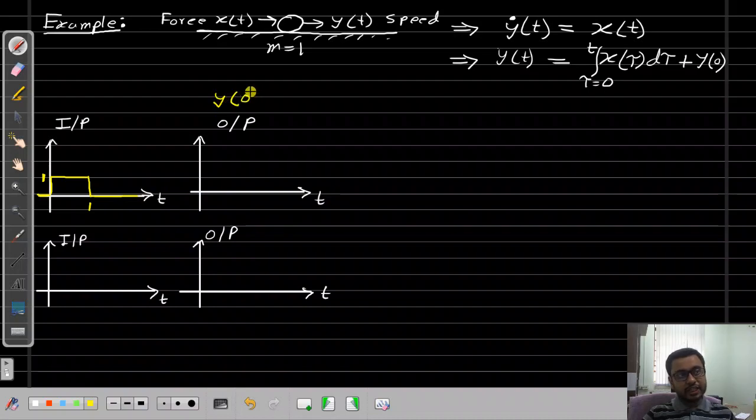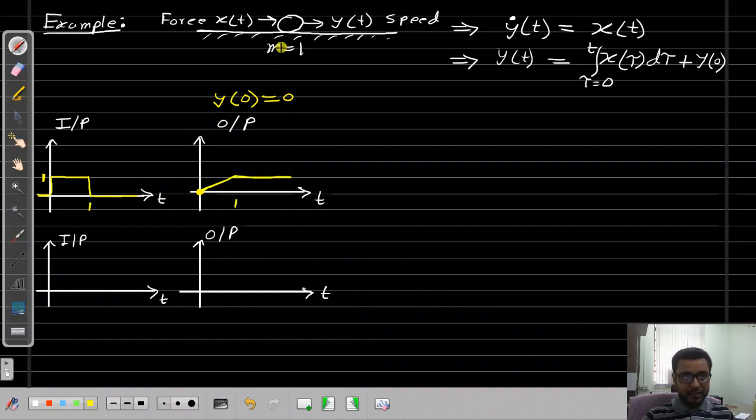Suppose the initial speed is 0. So here the speed is 0. Then the speed will increase linearly like a straight line up to 1 second, and then when the force is stopped, then output speed will become constant.